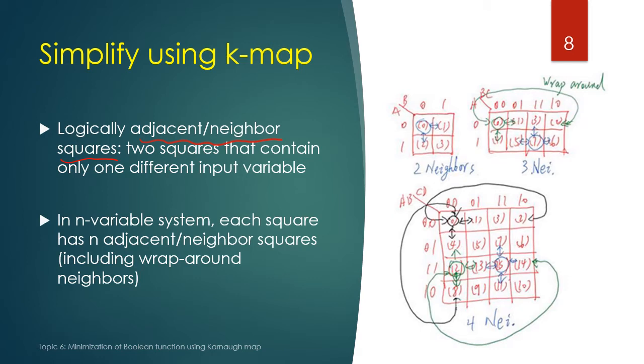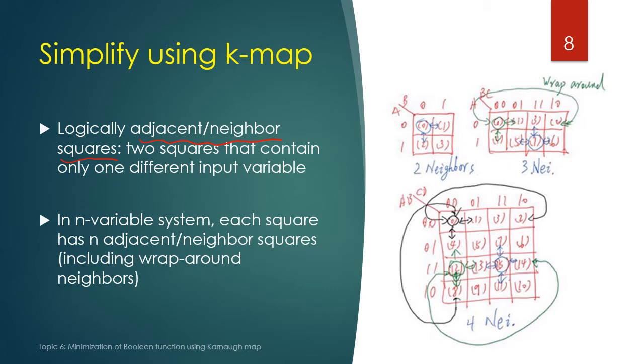Neighbors basically means something beside. So a neighbor square you would think is a square just beside the square we're talking about, right? But it's a little bit more than that. So let's look at the examples.